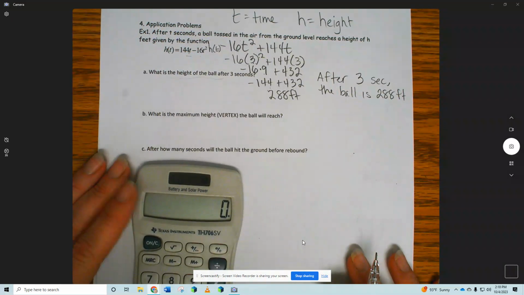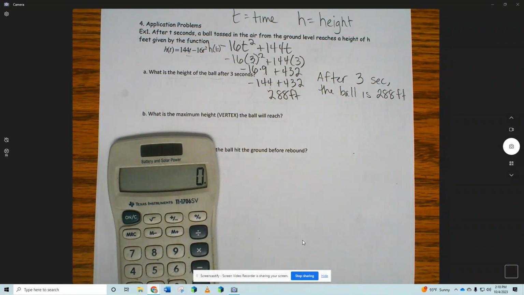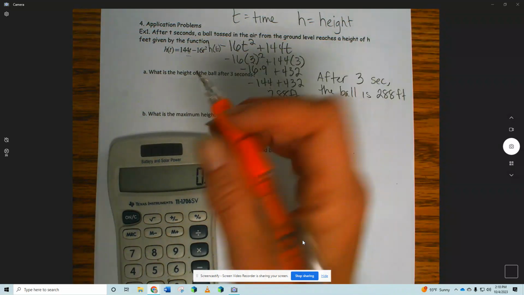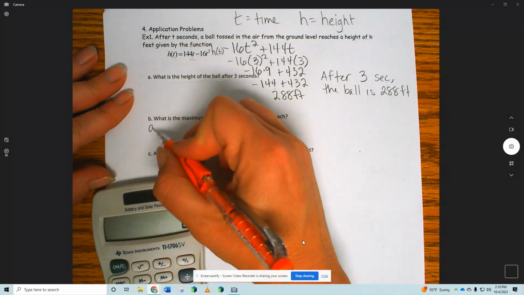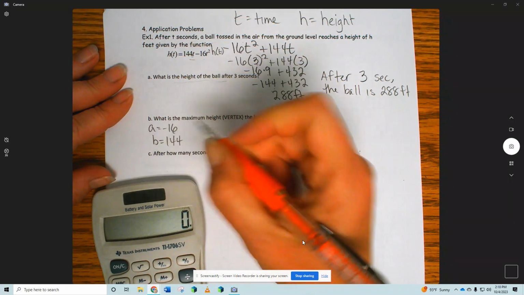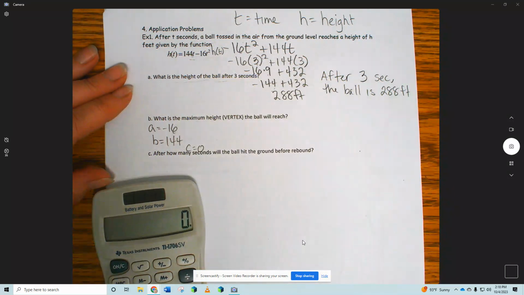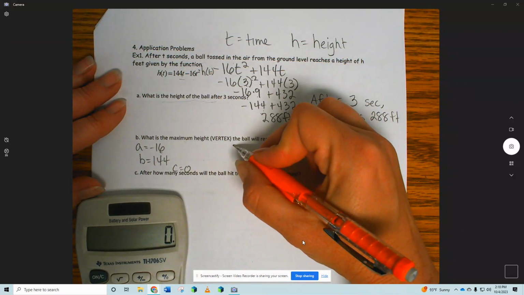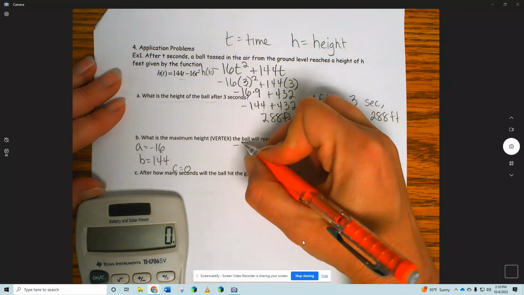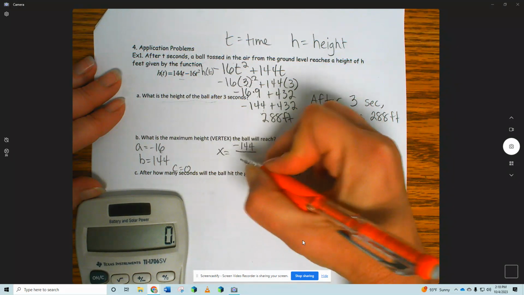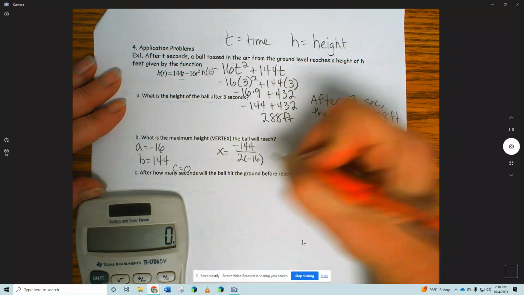Question B, what's the maximum height? What's the vertex? That's going to be negative b over 2a. A equals negative 16, B equals 144, C equals 0. There was no C. Here we go. Negative B, negative 144 divided by 2 times negative 16.